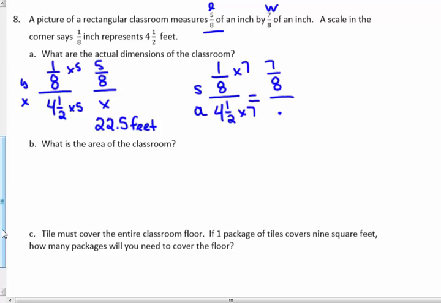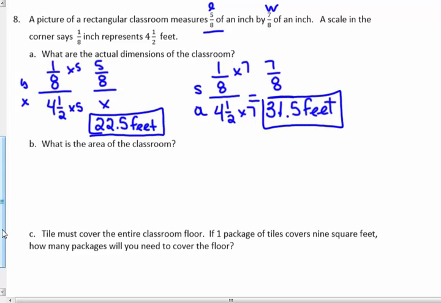So 4.5 times 7 would give me a proportional relationship. Equal ratios is a proportion. 4.5 times 7 is 31.5 feet. So what are the actual dimensions of the classroom? 22.5 feet and 31.5 feet, the length and the width.